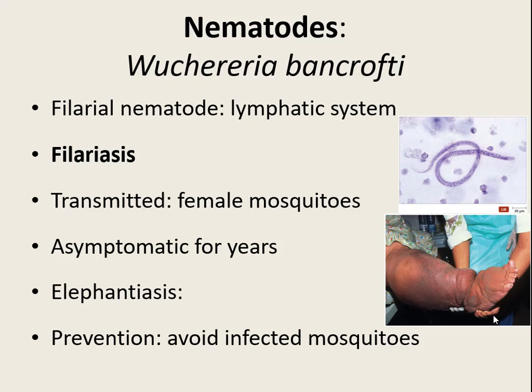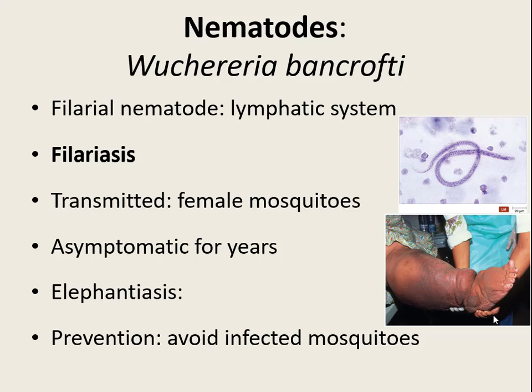And then as day comes around again, they go back to the lymphatic vessels. This again is causing a lot of damage. The reason they travel to a blood vessel at night is that's when the mosquitoes are out. This is when they want to get sucked up by a mosquito to keep that life cycle continuing.